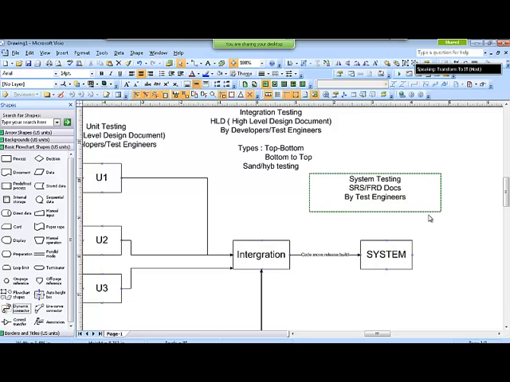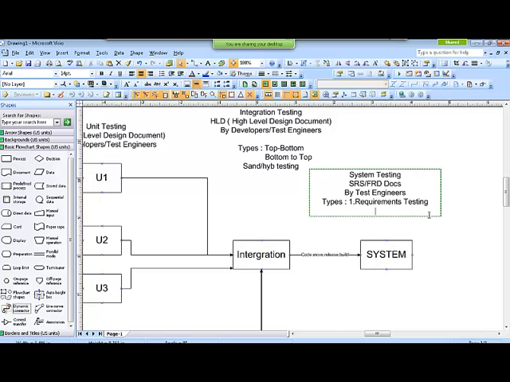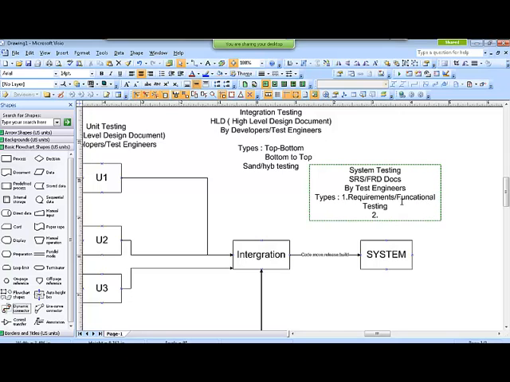Right. Under system testing, we have different types of system testings normally we are going to conduct. So one is requirements testing, and few people say it's functional testing. But I'm saying it's requirements testing. The second type of testing is usability testing.